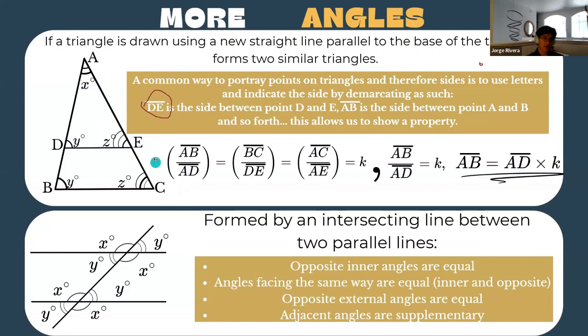So, for example, Setna, can you tell me what side is proportional to BC? Side BC. Right, Setna's not there anymore. All right, Aiden, could you tell me what side is proportional to BC?